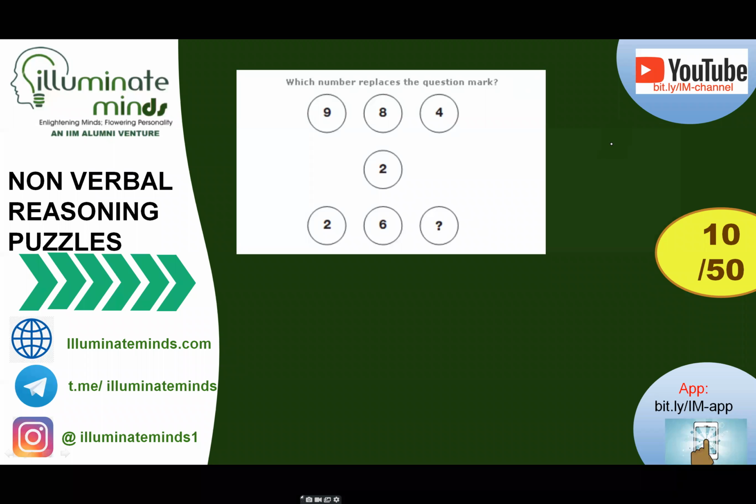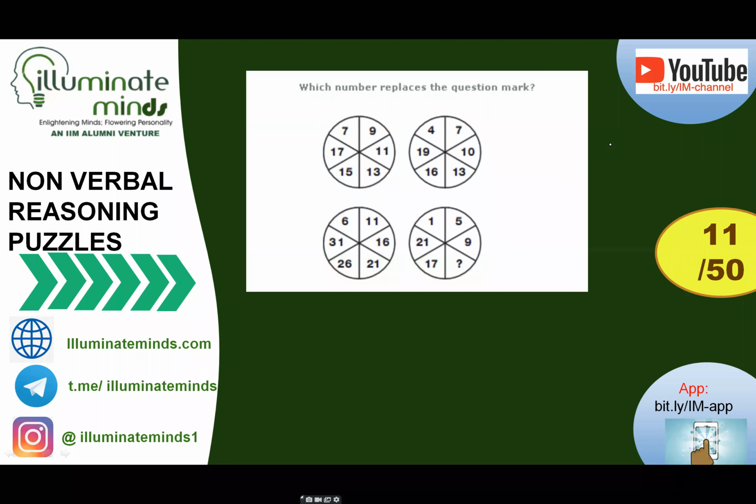Right. Next one, question number 11. Which number replaces the question mark? There are various logics possible. One logic which is clearly visible is 7 plus 2 is 9, 9 plus 2 is 11, 11 plus 2, 13, plus 2, plus 2.